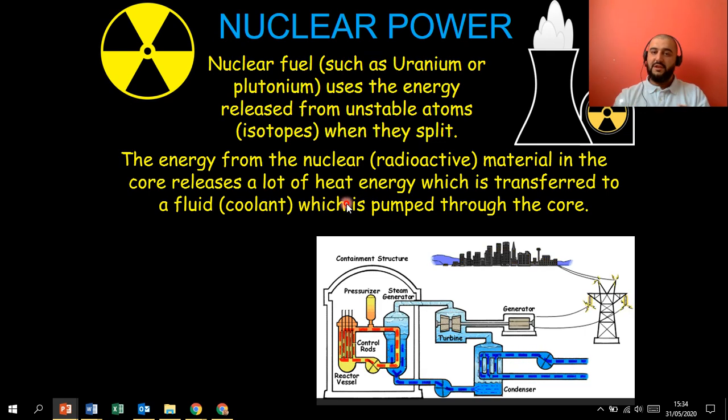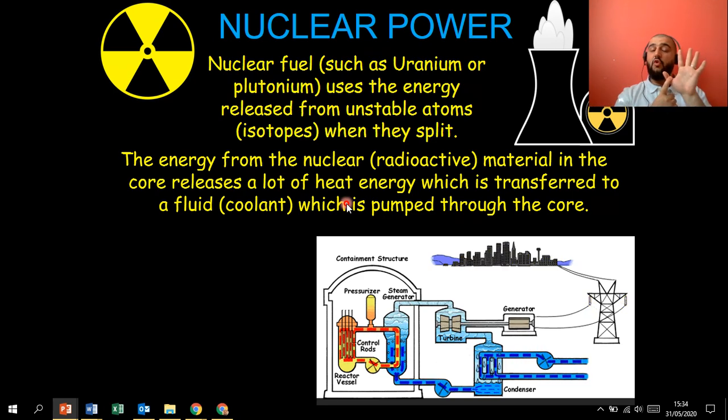It's that heat energy which then heats the water, which produces steam. The steam turns a turbine. The turbine turns the drive shaft within the generator. The generator then produces an electrical current, and that current travels through the national grid and then into our homes.